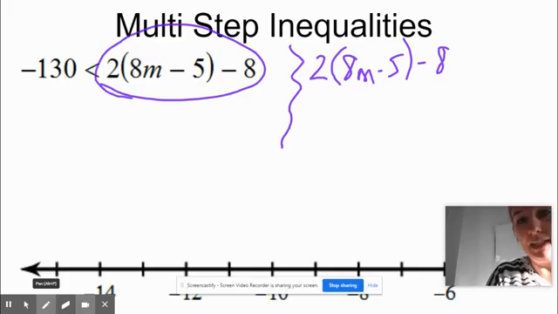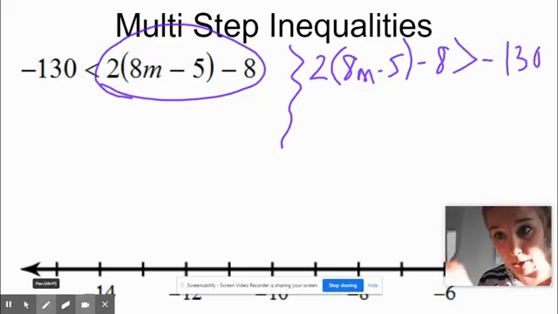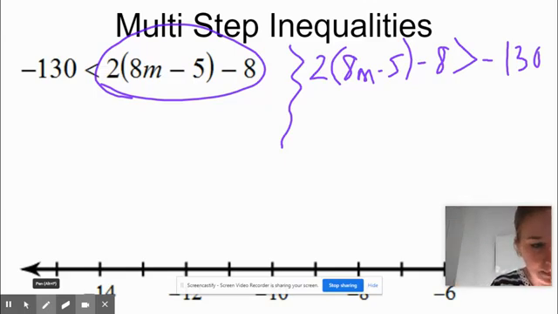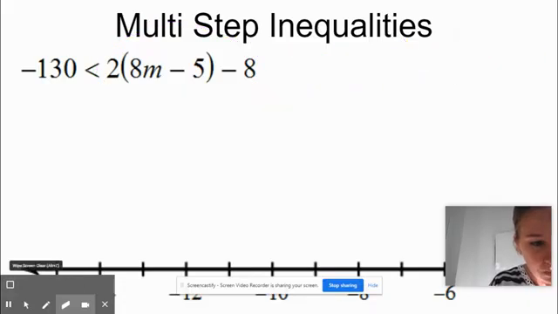Alligator mouth biting this side, it should continue to bite that side. So if you just decide to start moving stuff around, you have to remember which side the alligator mouth is biting, okay? I'm not going to do it that way, but I know some of you like to do it that way. So just be conscious of that.